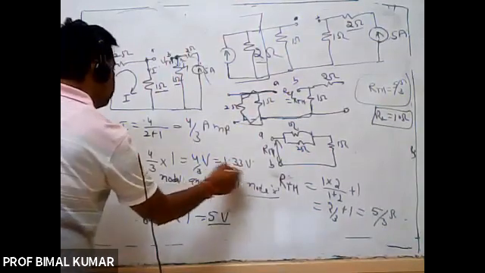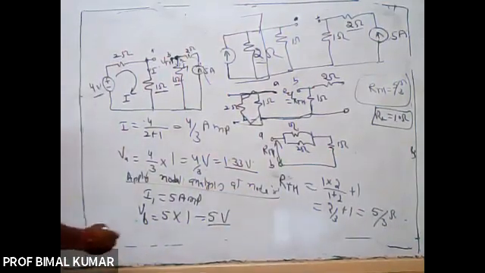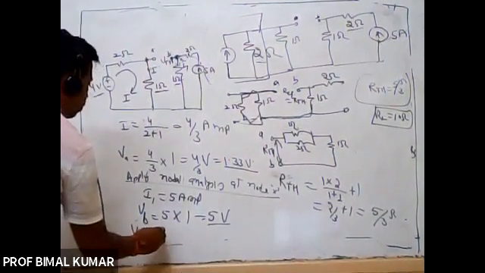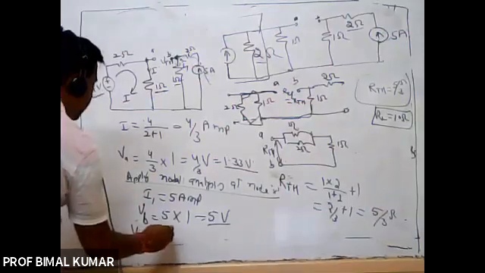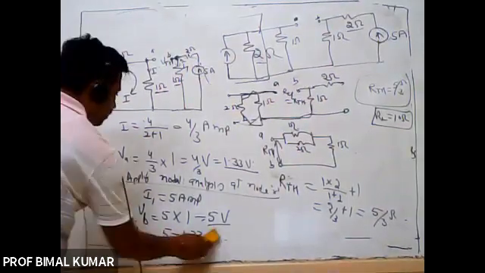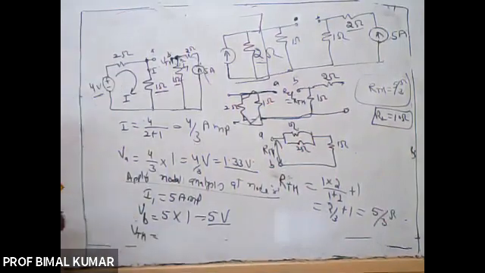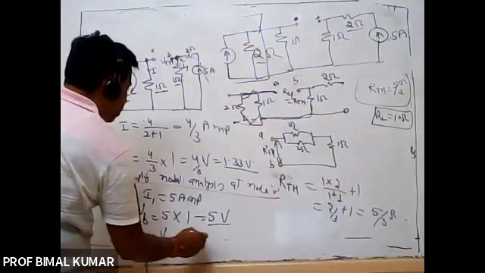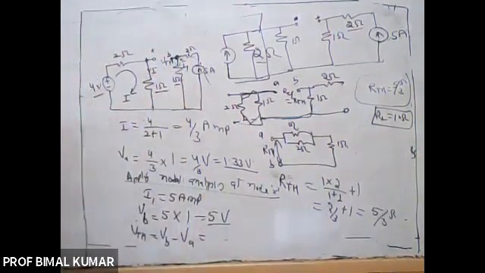VA is equal to 1.33 volt. So VTH is equal to 5 minus 1.33, or VB minus VA, because VB is greater, right?